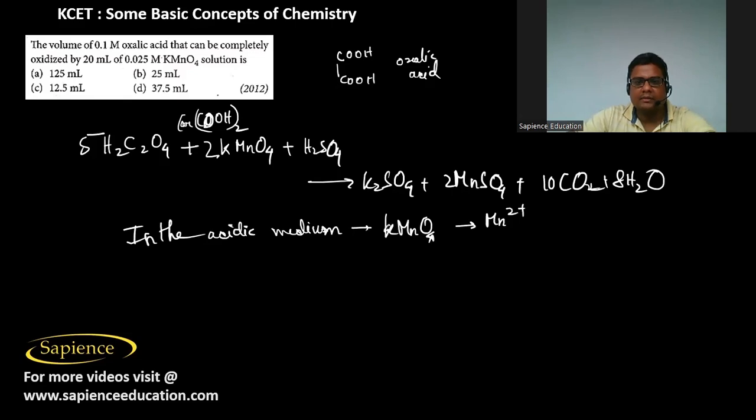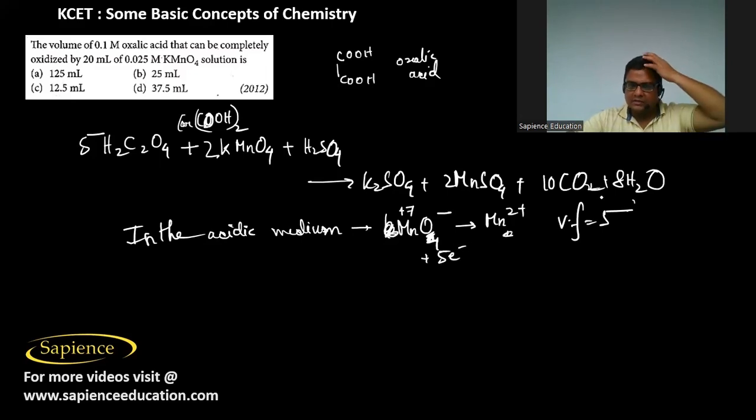It means that MnO4 minus will change into Mn2 plus ion. So its valency factor is 5, since manganese is changing from its oxidation state of +7 to +2, so it will gain 5 electrons. So its valency factor is 5 for KMnO4.